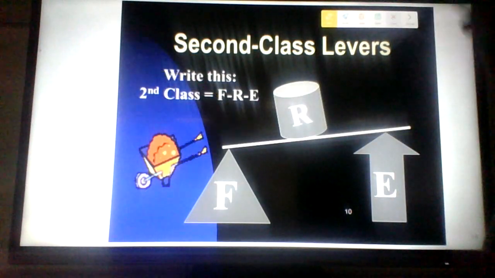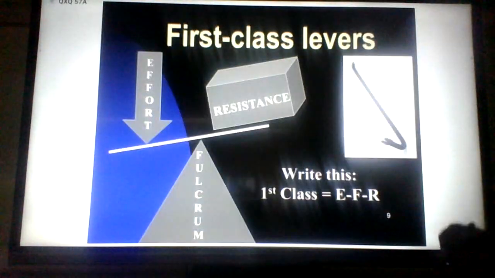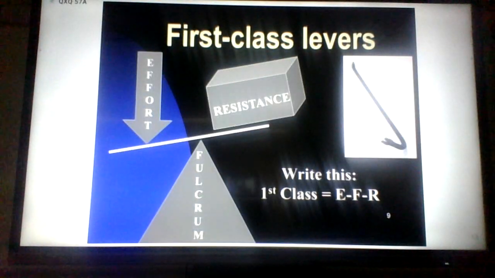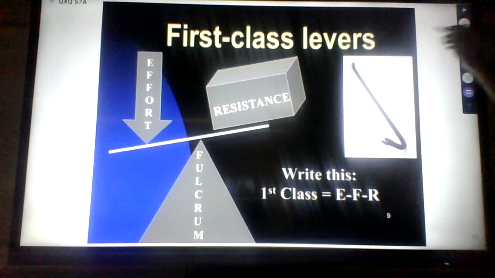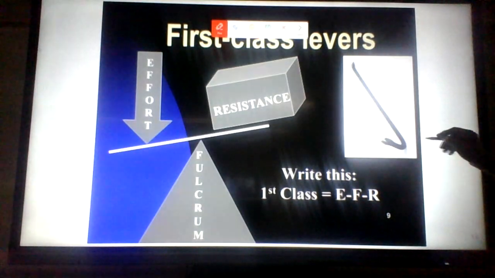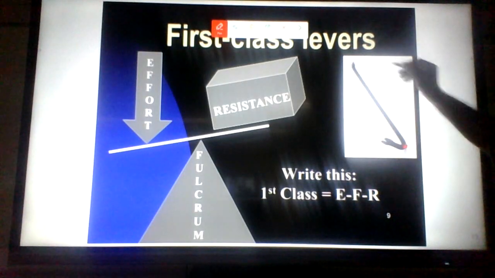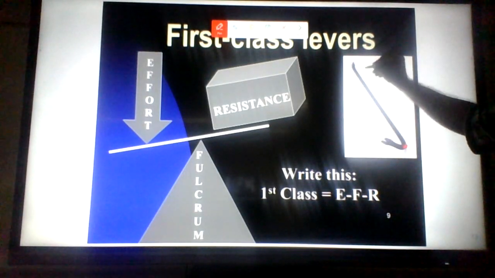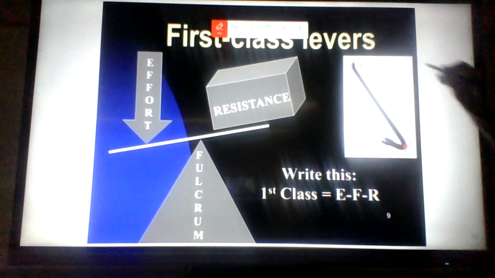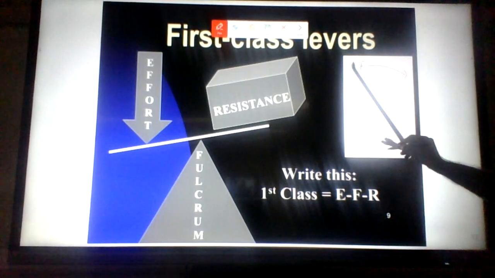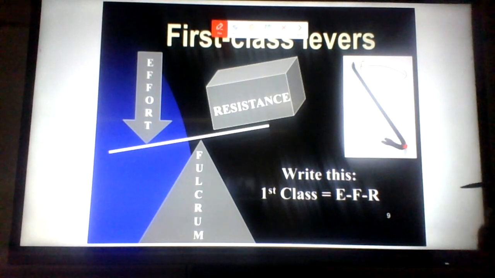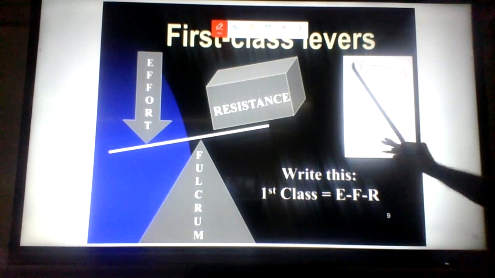Okay? Now, let me back up because I forgot to tell you something. The crowbar represents a first class lever. With the fulcrum right here, we're going to apply the effort here and pull back sort of in a circular motion. And whatever's attached here, like we're trying to pry a nail out of a board or pry 2 boards apart, that's your resistance.